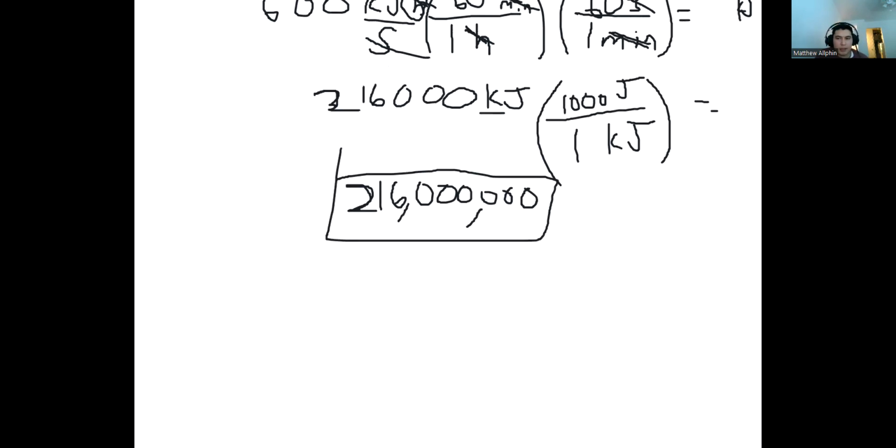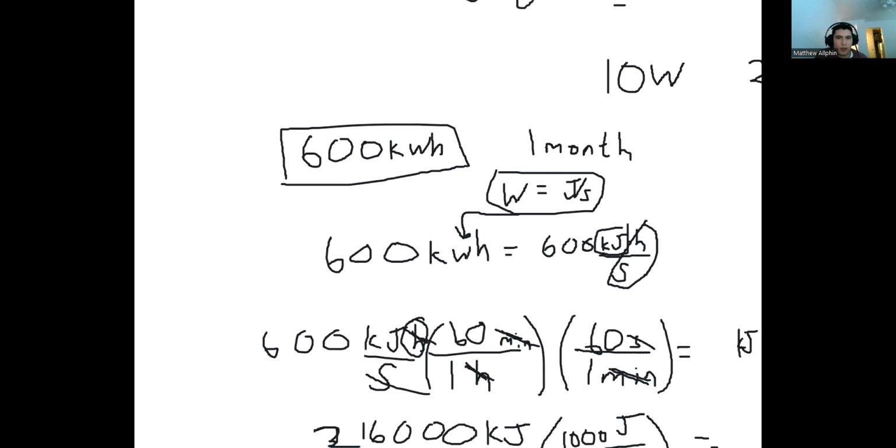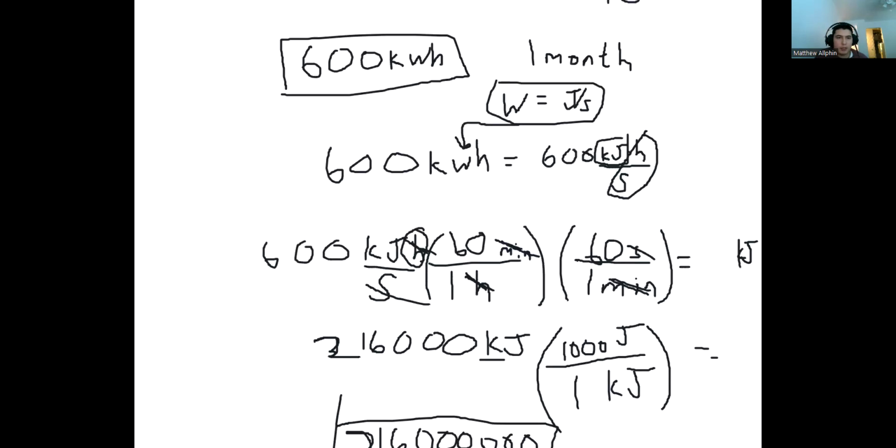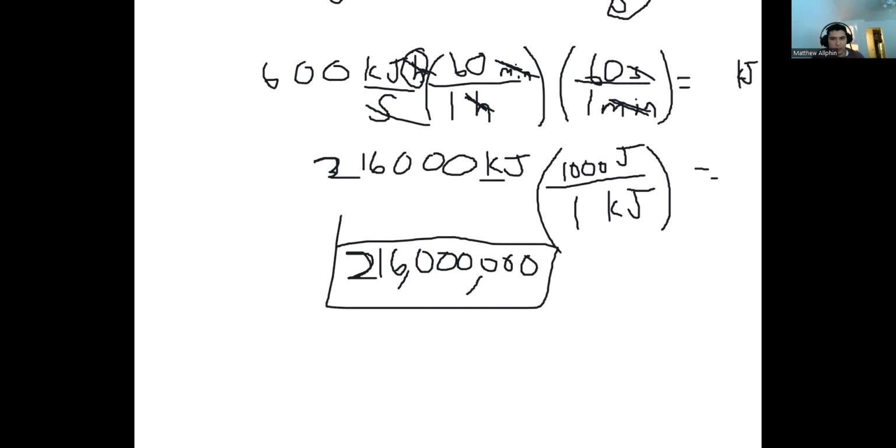And then the second part says, what is my average daily energy consumption? So we have to come back to this where it says it's 600 kilowatt hours a month, right? And it's asking for an average daily energy consumption, right? So there's a couple ways I can look at that.